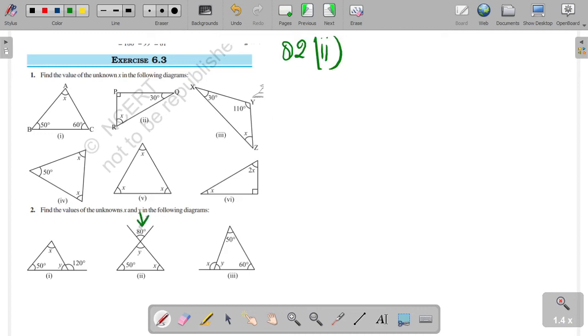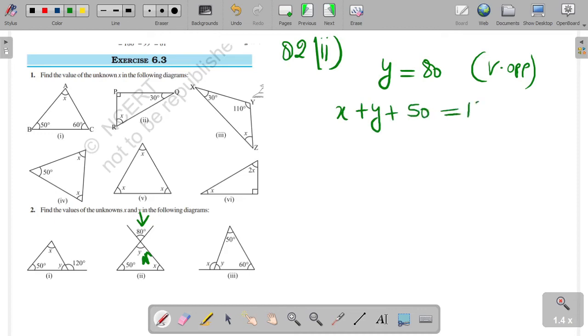Now we move to question number 2, second part. This is 80 degree, and these y and 80 are vertically opposite angles. So y is equal to 80. Then we use the angle sum property, that is x plus y plus 50 equals 180.